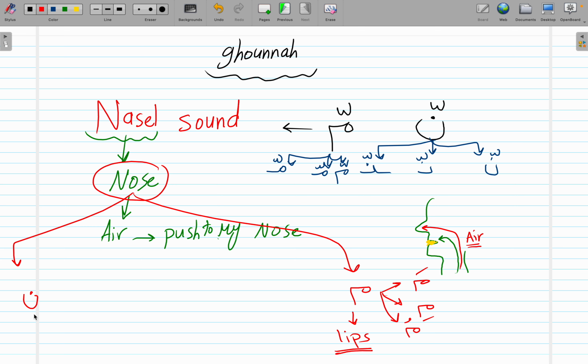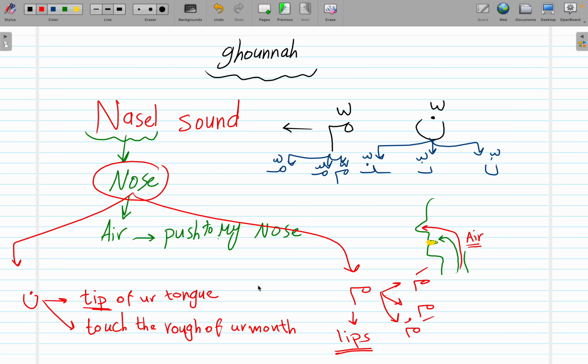Let's see the noon. You pronounce the noon by using the tip of your tongue. The tip of your tongue actually touches the roof of your mouth, near your teeth or the front teeth.